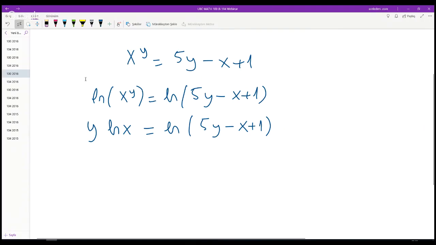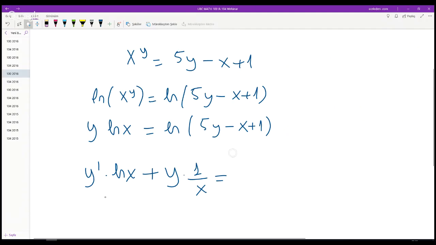So, first, left-hand side. y times ln x. What are we going to do? Product rule. The derivative of y with respect to x, dy over dx, I'll write y prime because it's going to be easier. y prime times ln x as it is, plus y times the derivative of ln x, which is 1 over x, equals ln of 5y minus x plus 1.